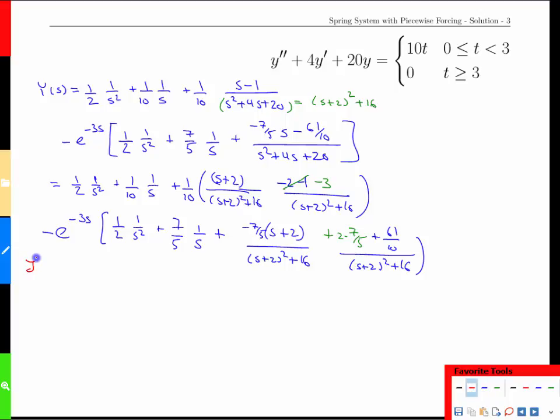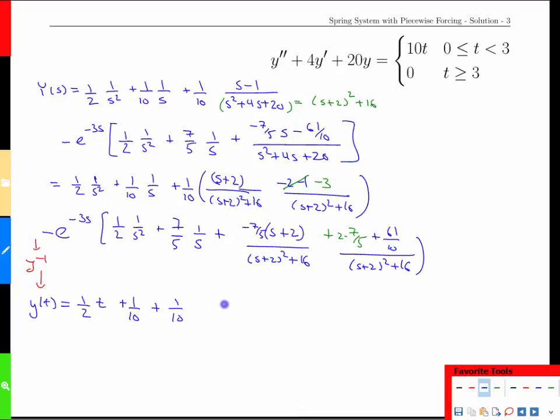And now we can do our inverse transform. Our y function will look like 1/2 times the inverse of 1 over s squared, that's a t. We'll have a 1/10 times a constant, plus 1/10. This term here is going to be a cos function.